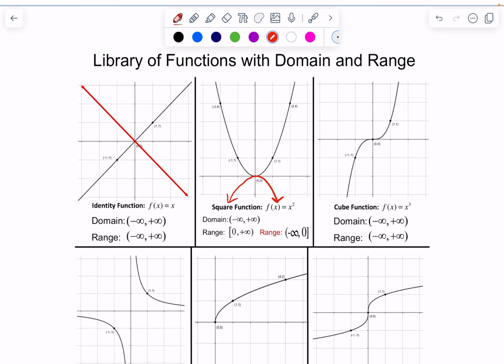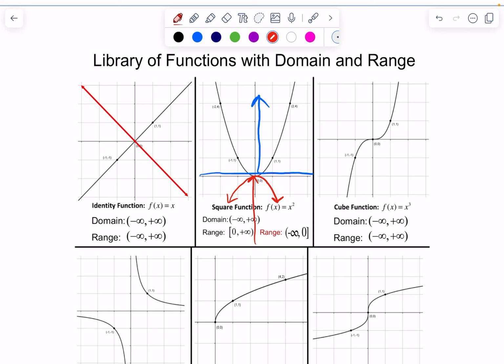For the black positive graph, the domain goes from negative infinity to positive infinity for both the positive and the negative graph. But the range for the positive side will go from 0 to positive infinity. But the range for the negative graph will go from negative infinity all the way to 0. Remember, for the range, you go from the lowest value to the largest value.